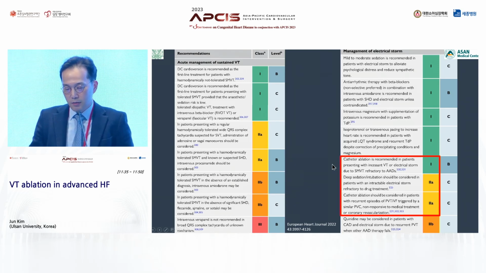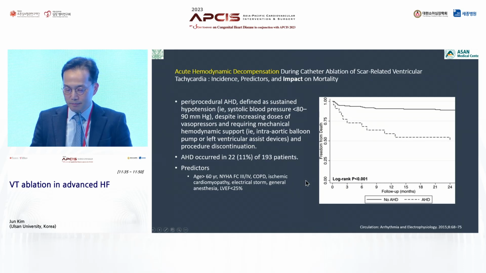So if the patient presents with electrical storm, we need cath ablation as well as the best hemodynamic stabilization and medical treatment. But we should pay attention to the severity of heart failure.